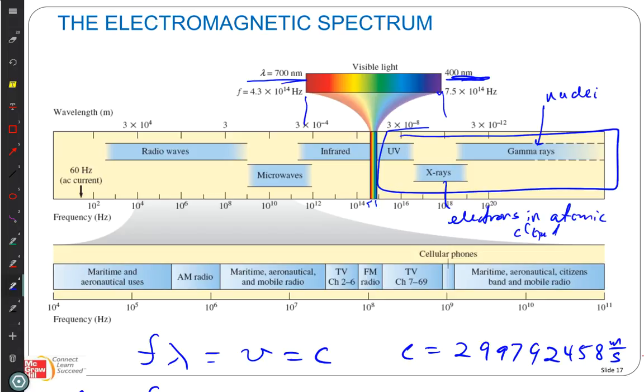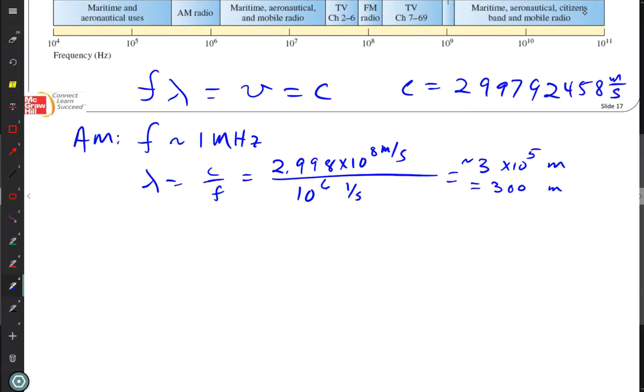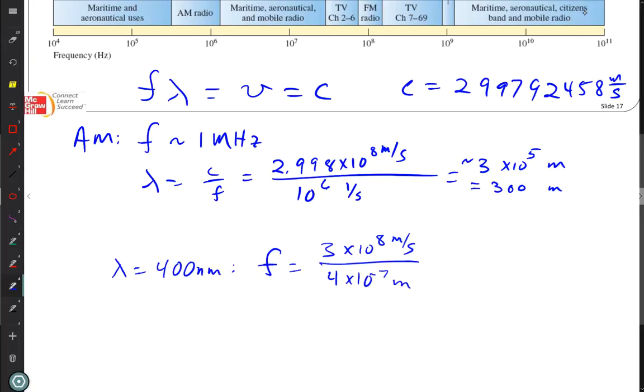And 400 and 750 give us a strategic advantage because if the wavelength is equal to 400 nanometers, then the frequency is equal to, rounding off, 3 times 10 to the 8th meters per second divided by 4 times 10 to the minus 7 meters. 3 divided by 4 we can all do in our heads, right?